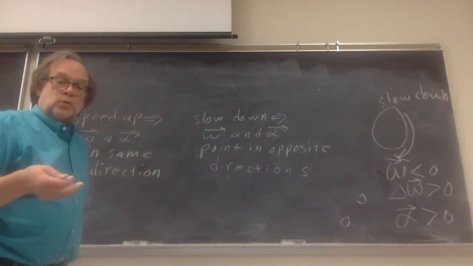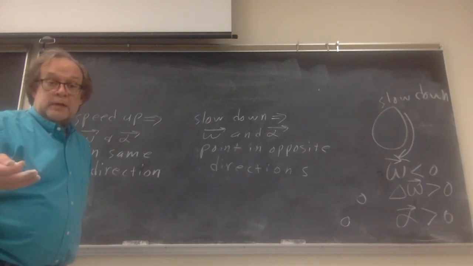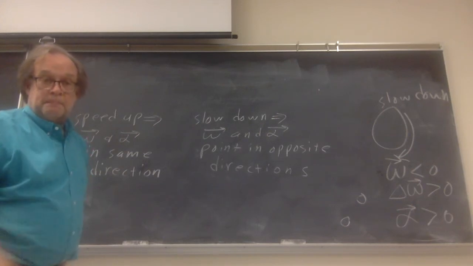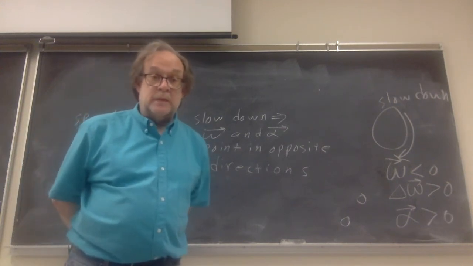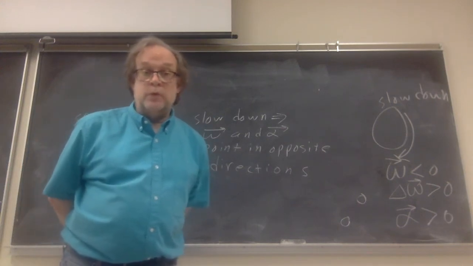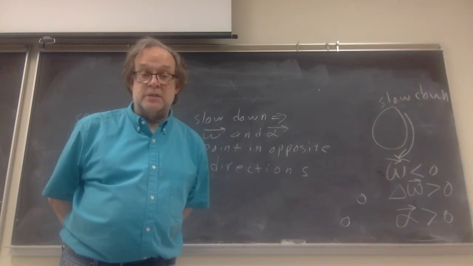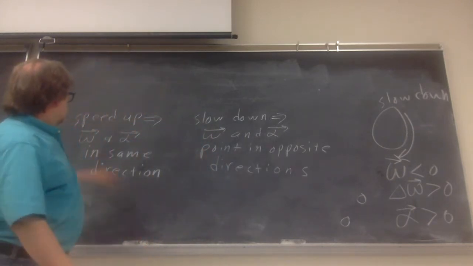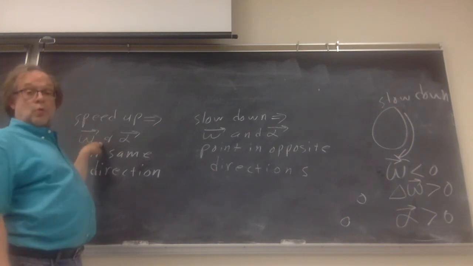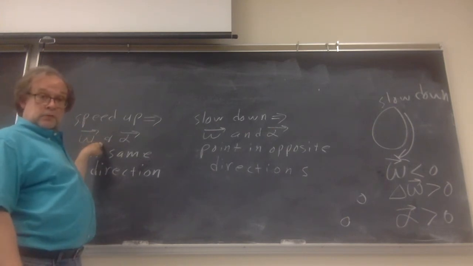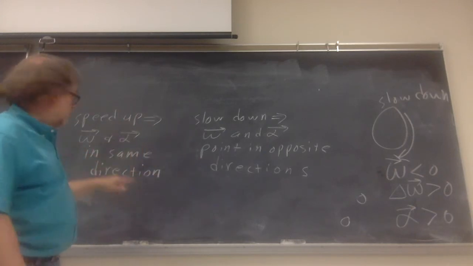And we've already known that in the case of ordinary velocity and ordinary acceleration. When velocity and acceleration point the same way, that always corresponds to speeding up. When they point opposite directions, that always corresponds to slowing down. So if you see something speeding up, then you know velocity and acceleration point the same way, but the logic works the other way around.